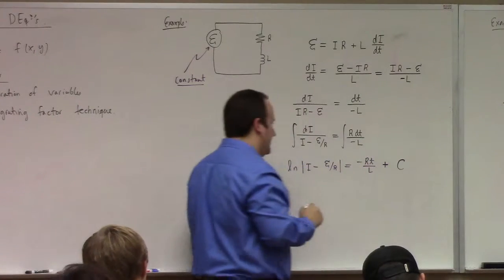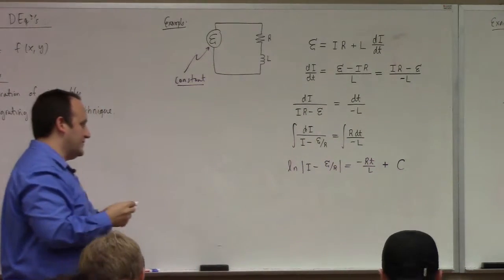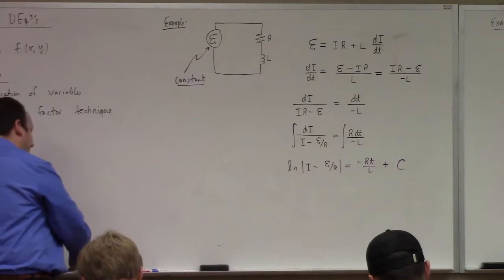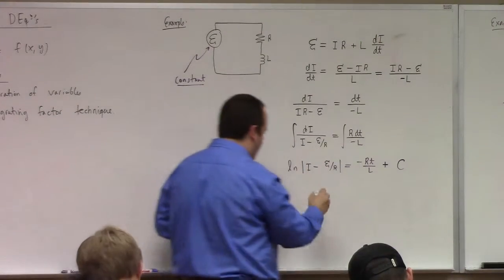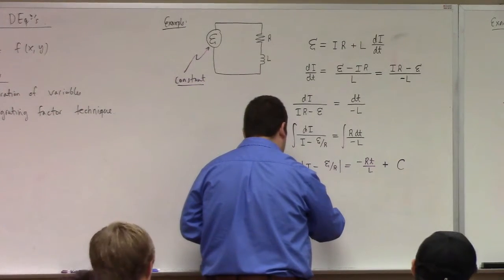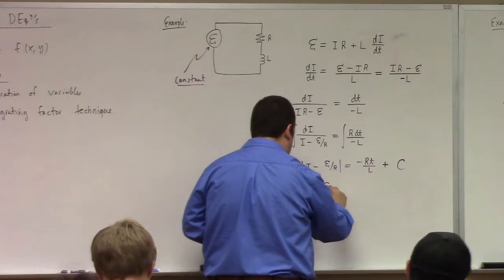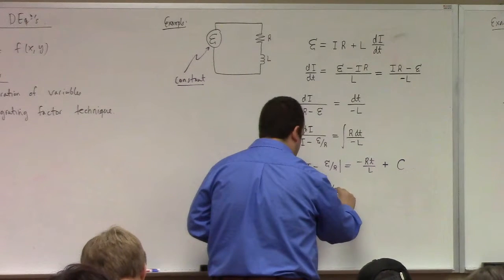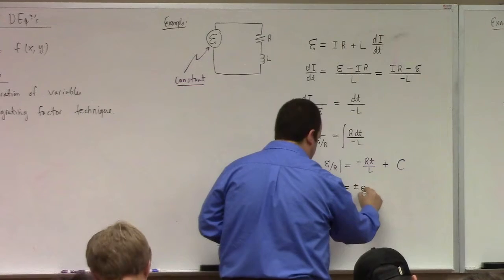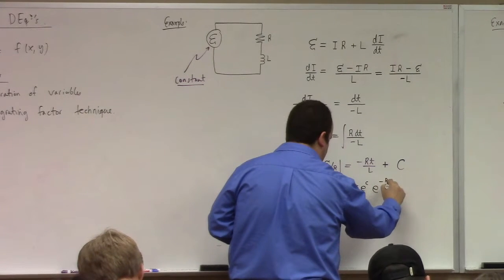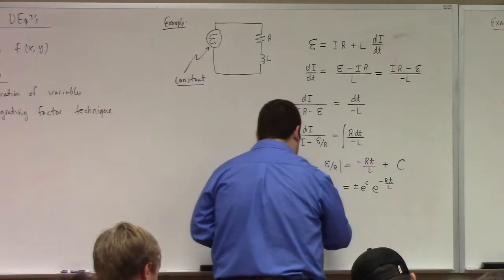All right. Fortunately, there's no capacitance in here, so there's no danger of confusion. You exponentiate both sides. You get I minus E over R is equal to plus or minus e to the C, e to the minus Rt over L. And so there you go.